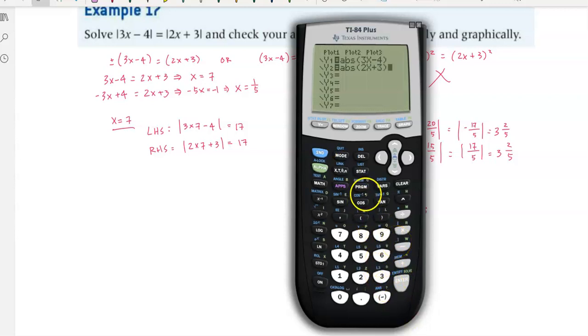Let's make the window negative 20 because we need to get that x equals 7, which is kind of out there. So I just want to make sure, and then graph it. So it looks like we have 2 intersections.